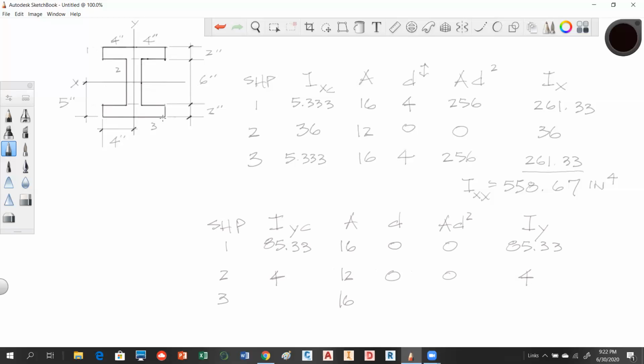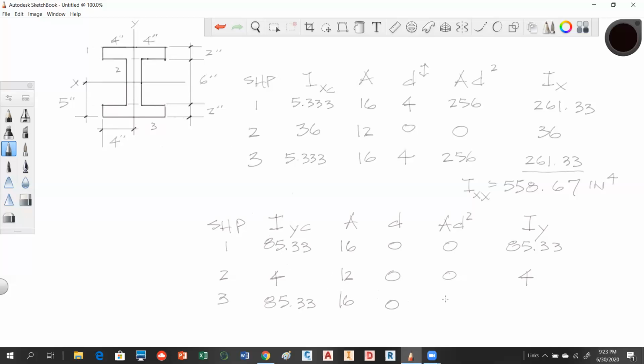Okay, so the last one, again, it's a mirror image thing going on here. This is your base, this is your height. So we've got 8 cubed times 2, 1/12 of that. We get another 85.33. And because the centroidal YY of this is sitting right on top of the composite centroidal axis, there is no D separation.